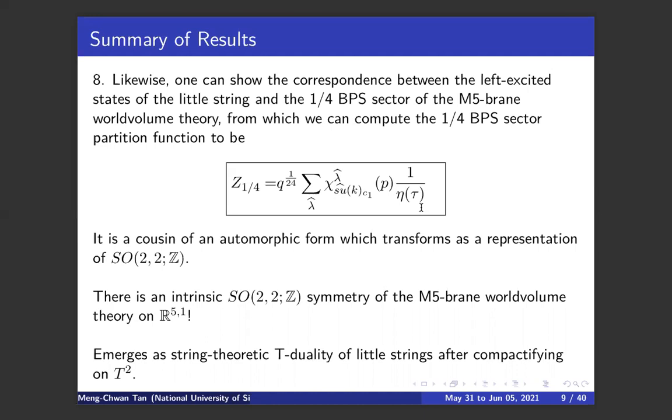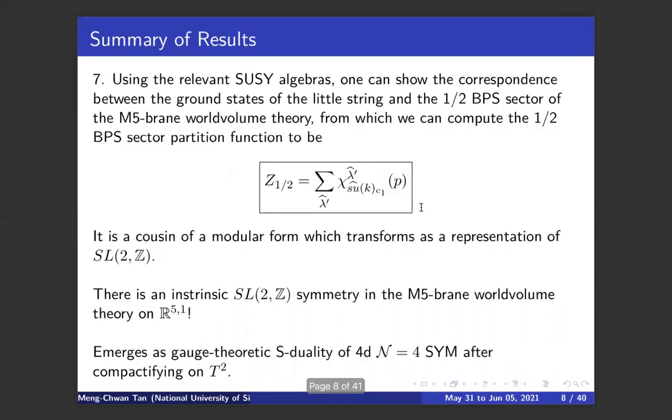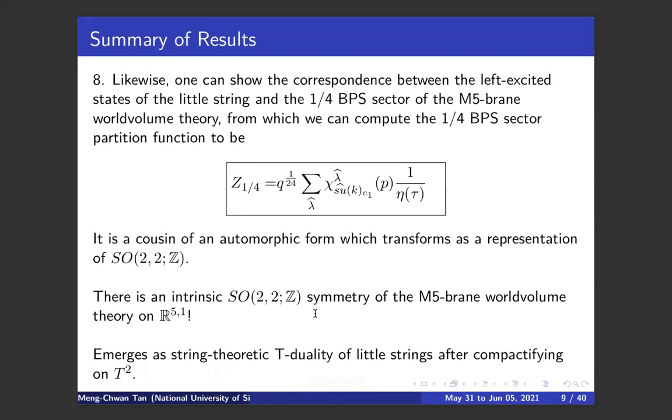And one comment that I want to make. If you look at this one, here we are looking at the half BPS sector of the M5-branes, which are captured by the ground states of the little string. So the low energy little string states do not have any stringy characteristics. And as a result, when you compactify on T^2, you get an SL(2,Z) symmetry of 4D Yang-Mills, okay? But in this case here, when you're looking at the left excited states of the little string, you now look at the stringy dynamics of the little string, because you're not looking just at the ground states, right?